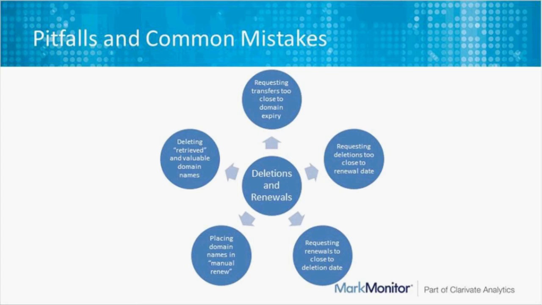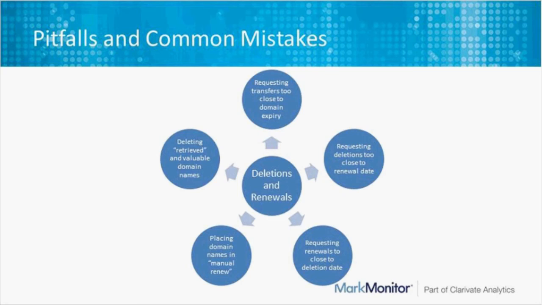But always check the renewal dates of your domains before you request the transfer, and this is to avoid your CSM having to contact you and say, I'm sorry, you might need to renew this domain name before we can transfer it for you. So the converse, or the other side of that coin, is where we receive deletion requests too close to the renewal date.